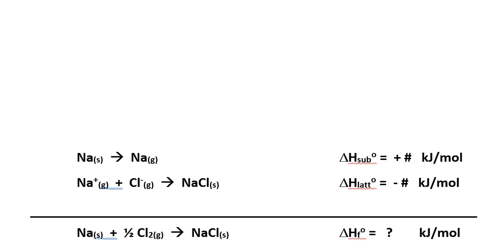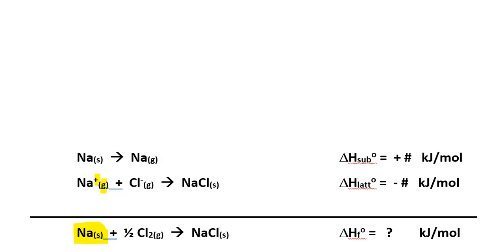You can focus on the metal or the non-metal first. It doesn't matter. I picked the sodium metal to do first. We're starting off with the actual reactant, which is sodium solid. Now, we need to do two things. We need to make it from sodium solid to sodium gas, and then we have to make it from uncharged to charged. By definition, ionization needs to be in a gaseous state.